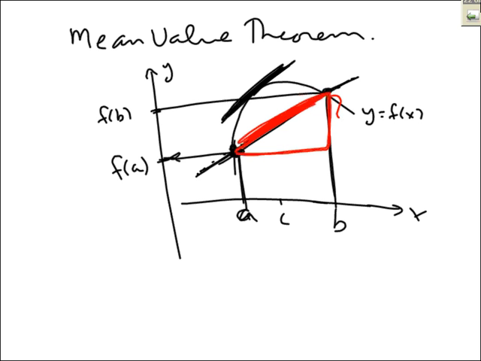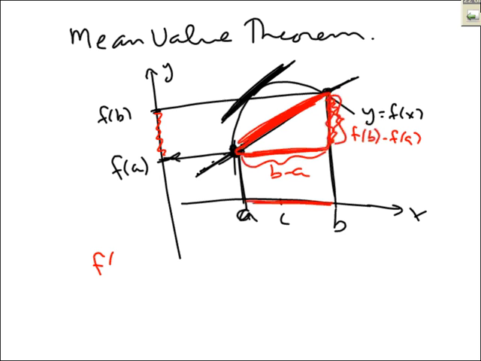Well, the slope of any line is the change in y over the change in x. This distance here is f of b minus f of a, and this distance here is b minus a.